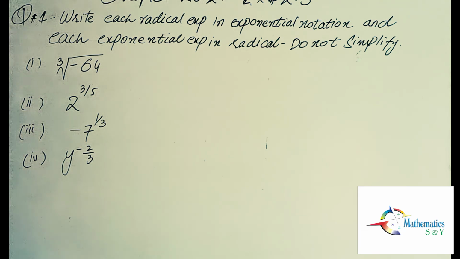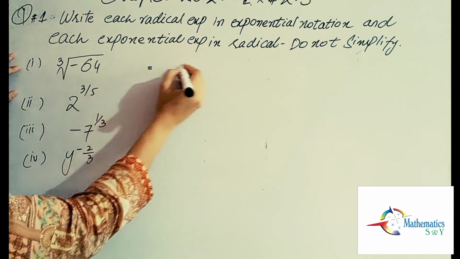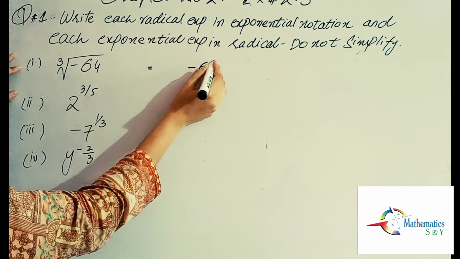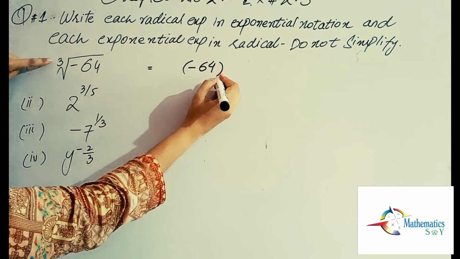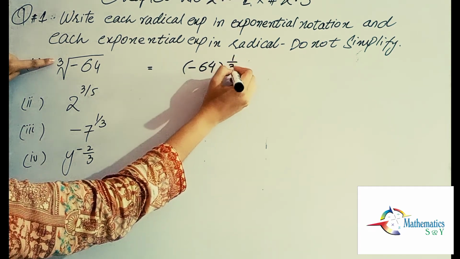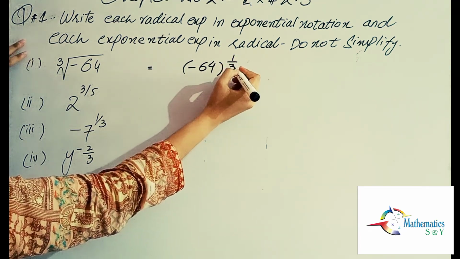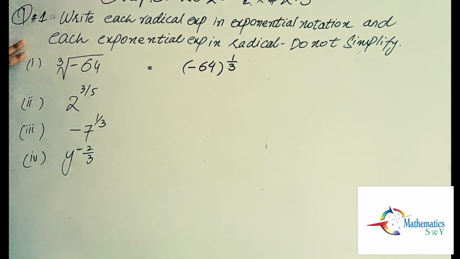If there is a square root, we can write that as a power of 1 by 2. Here there is a cube root, and minus 64 is the radicand, so its index of radical is 3. So its exponent will be 1 by 3. So this is the exponential form of this given radical expression.